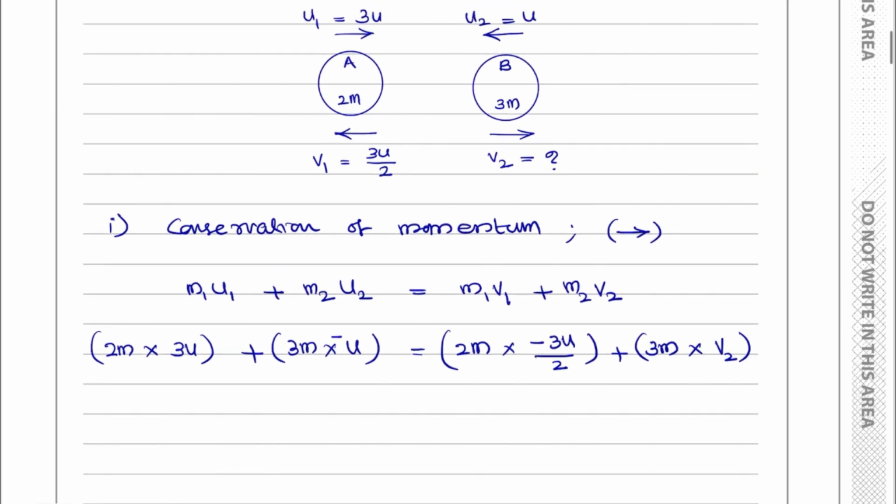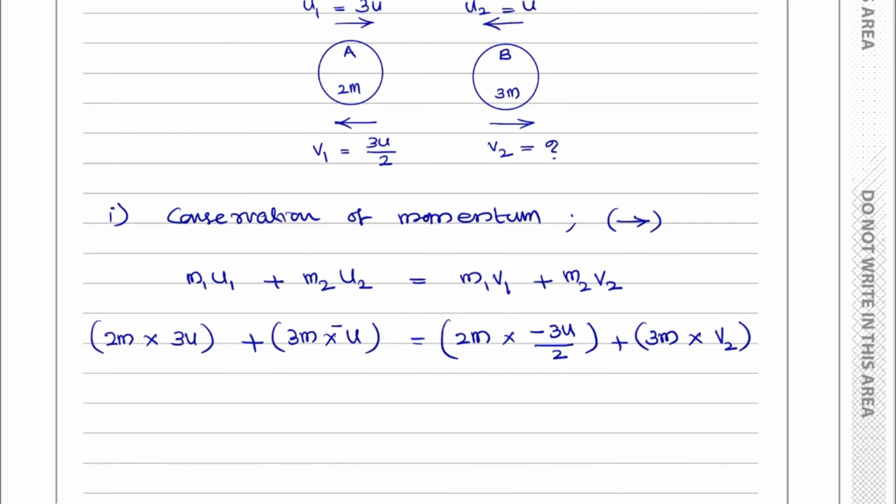Now we can simplify this equation. That is 6mu minus 3mu equals minus 3mu plus 3mv2. Now we can cancel minus 3mu on both sides, then the remaining 6mu equals 3mv2.